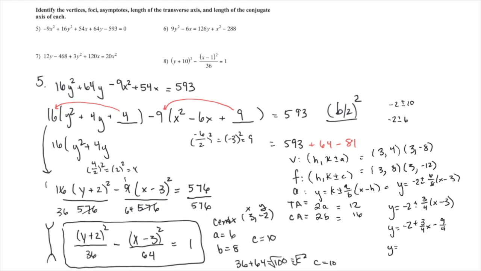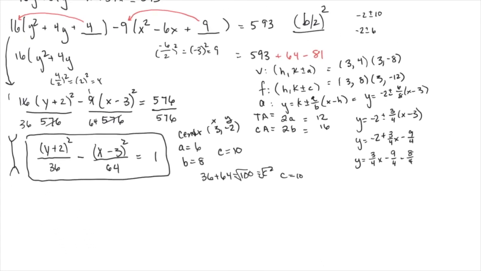So y equals 3/4 x minus 9/4 minus 8/4. Because they're fourths, I can add them together. I've got common denominators, and so we have y equals 3/4 x minus 17/4. Right, so there's one asymptote.